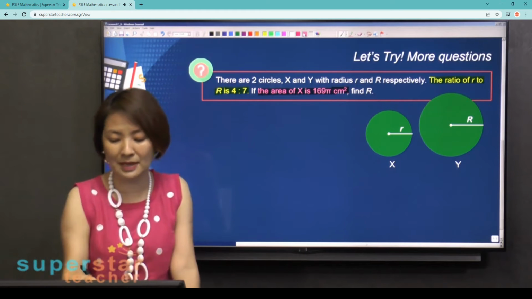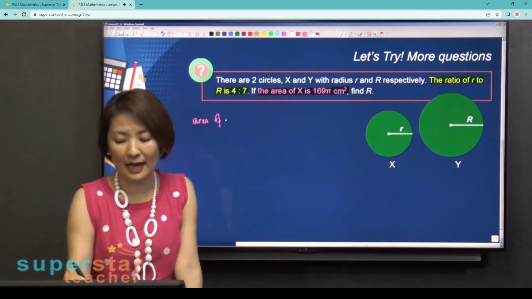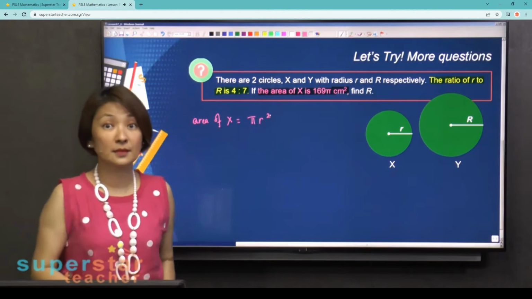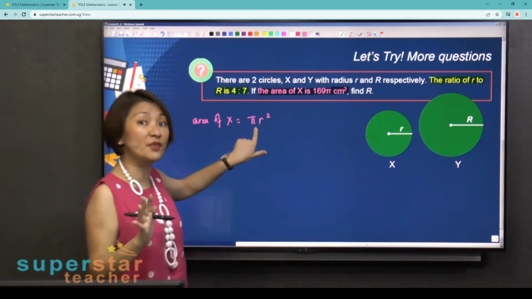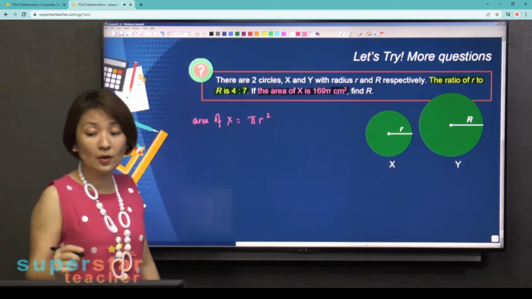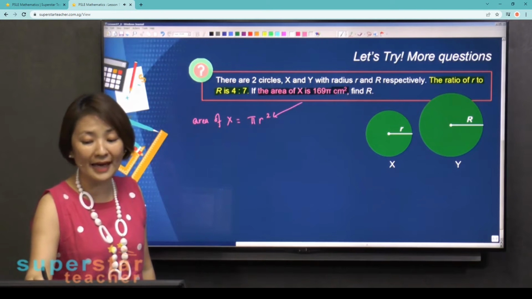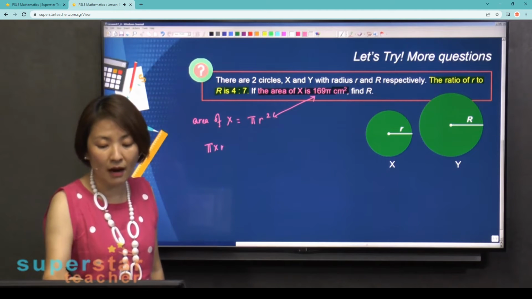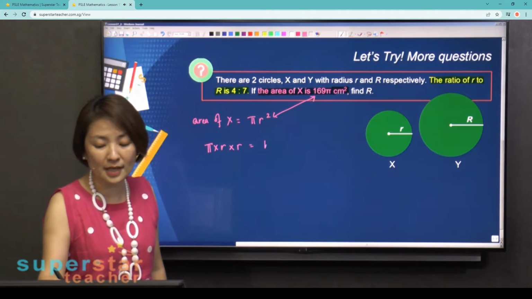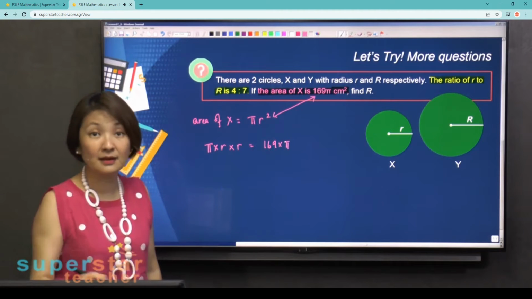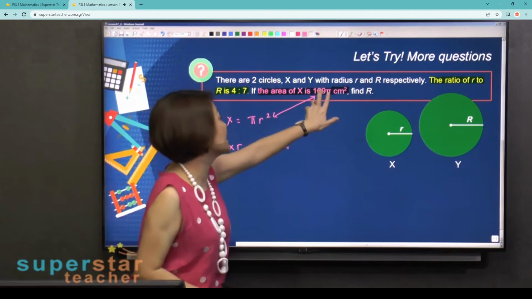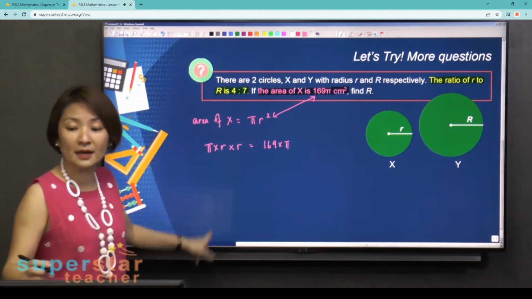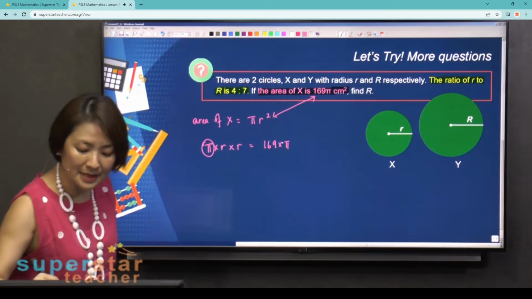For example, I will write something like this. Area of X is pi r squared. Correct? That's the formula. That's why I say formula is very important. The question tells me the area of X is 169 pi. So I say pi times r times r is equal to 169 times pi. This is like glue, algebra. Do you see that this pi is the same as this pi?